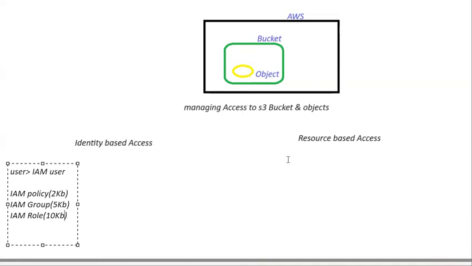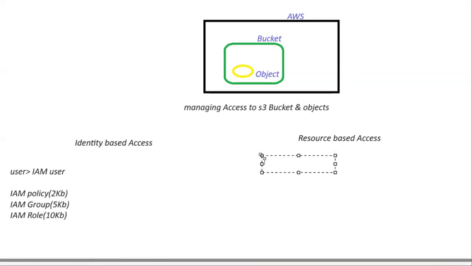Now let's see how we can provide resource based access to users. This resource based access is provided in two ways. First one is by using a policy. Since we are providing the policy to the resource, we call it a resource based policy.